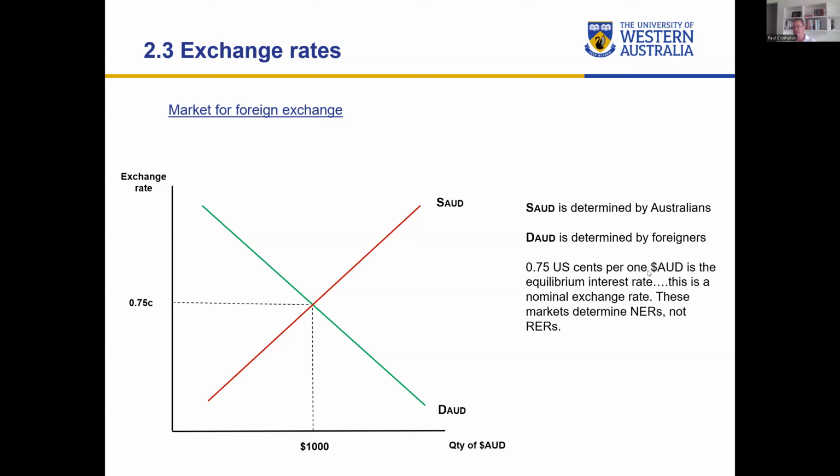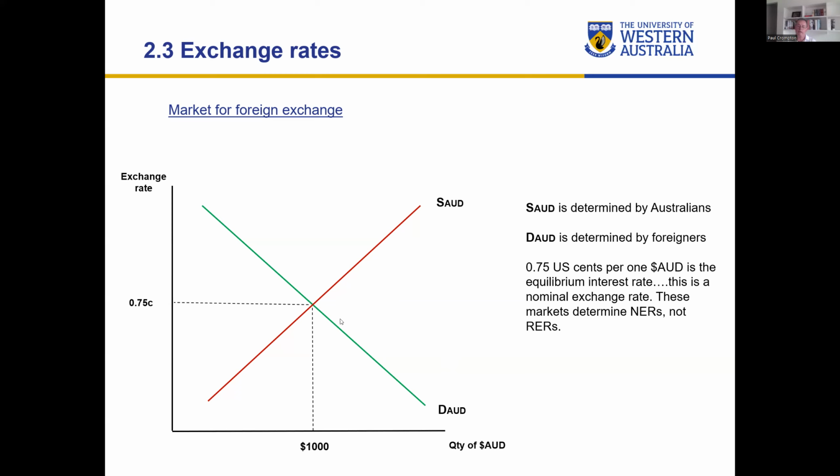If we come back to this, prior to the rightward shift in the demand curve, the Australian dollar could be purchased for 75 US cents. But now with the increase in demand, the exchange rate's gone to 0.9, which now means it takes 90 US cents to buy one Australian dollar. So obviously the Australian dollar, in terms of US dollars, has become more expensive to buy.